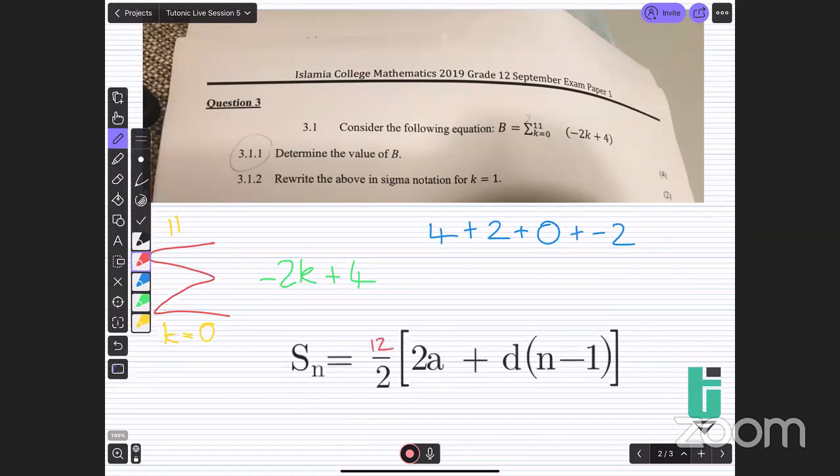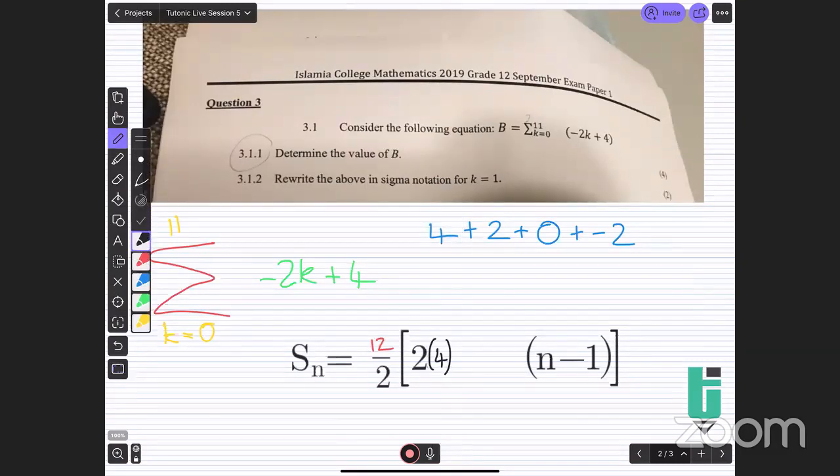What's a? 4. Okay. Do you guys see how helpful it is to write out the sequence? So a is 4, and what is d? Negative 2. Can somebody just do this on the calculator in the meanwhile, while I write this out?